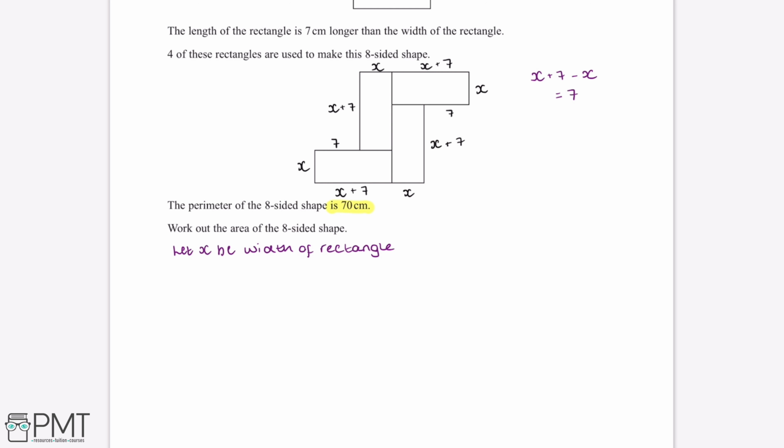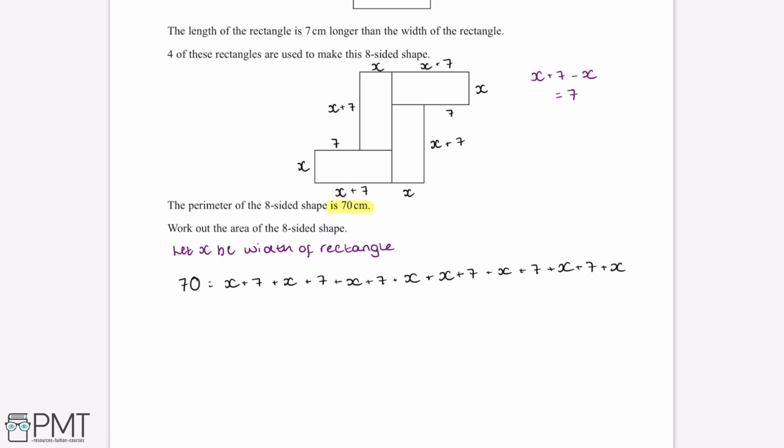If we start with this x plus 7 here, then this gives us that 70 is equal to x plus 7 plus x plus 7 plus x plus 7 plus x plus x plus 7 plus x plus 7 plus x plus 7 plus x.